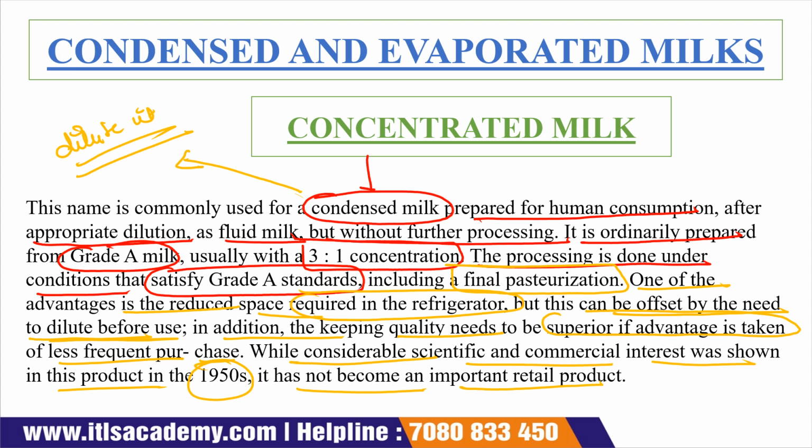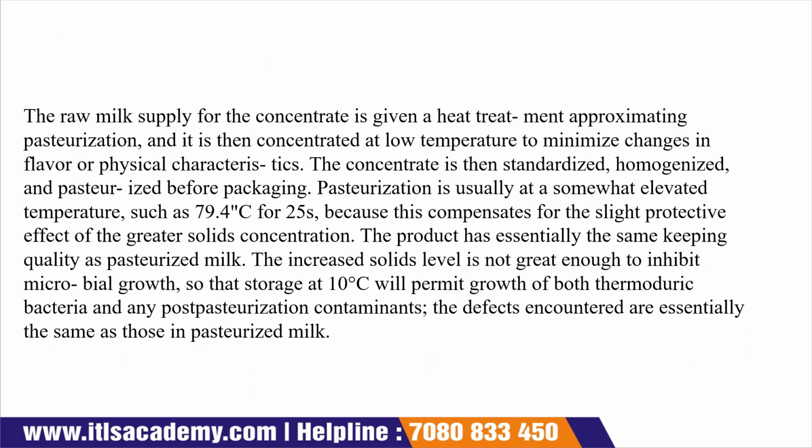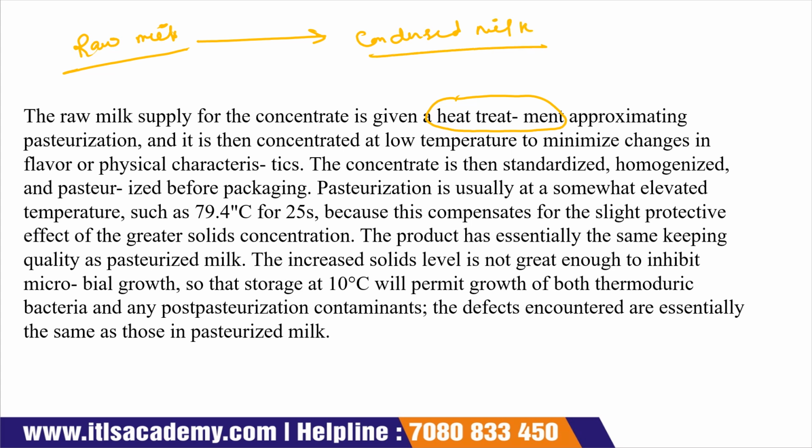retail product. Now the raw milk which is supplied for the concentrate is given a heat treatment. First of all, suppose that we have a raw milk. Now this raw milk is used for condensed milk. Before converting it into a condensed milk, it should be heat treated, approximately pasteurization.